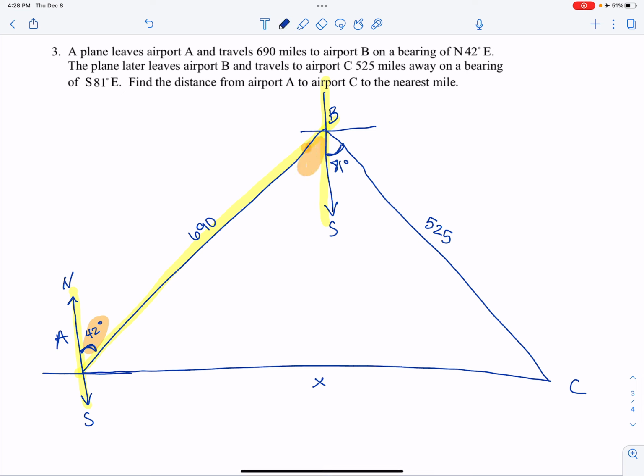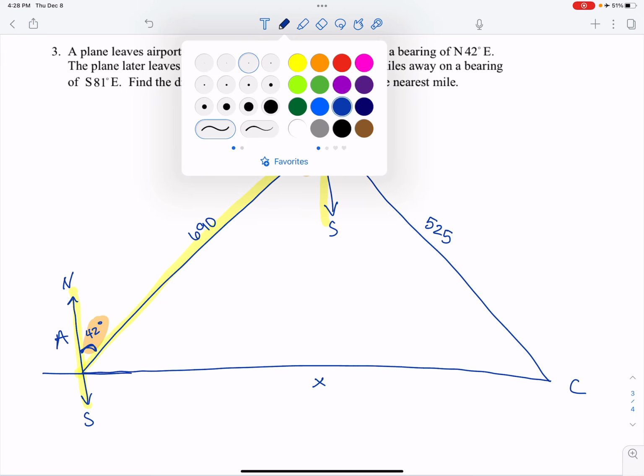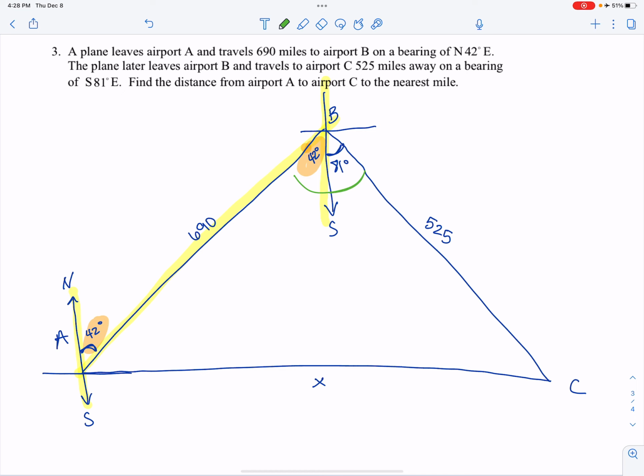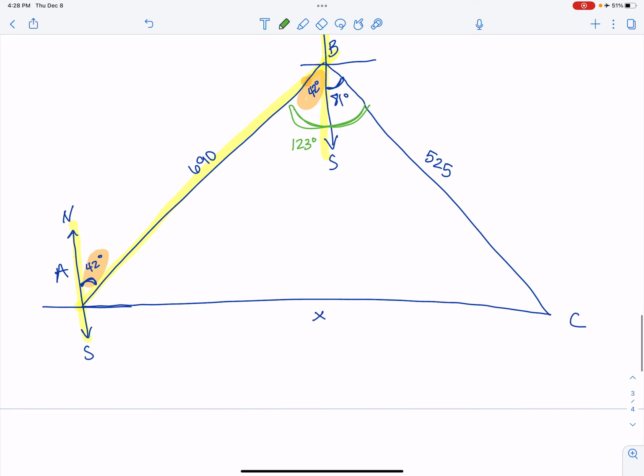So we have 42 degrees here as well, based off of what we know from geometry class. So now I can tell what this angle is in total. I have 42 degrees and 81 degrees. So total I have 123 degrees at the top of our triangle. I now have enough knowledge to find my missing variable.